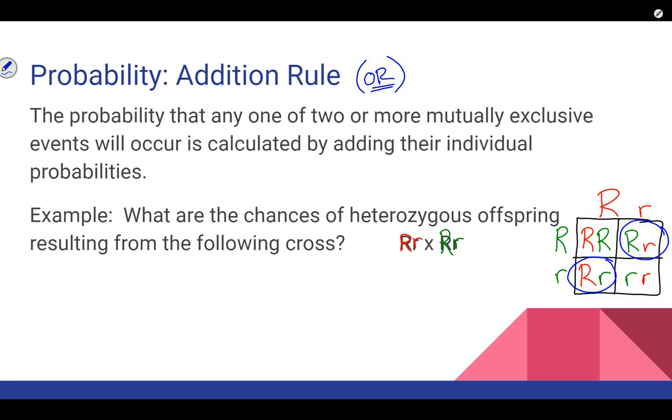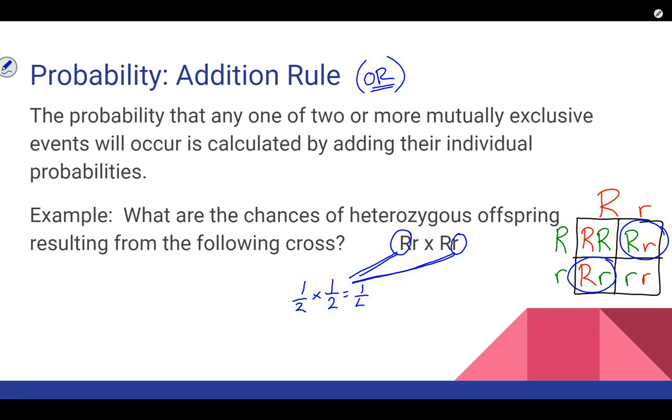So really, if we do this in terms of probability, we want to know a couple of things. First, we want to know what's the chance of getting a dominant allele from this parent and a recessive allele from this parent. Notice I said and there, so we're not adding, we're multiplying. So to find just this combination, there's a 1/2 probability of getting this dominant R. There's a 1/2 probability of getting that recessive R from the second parent.